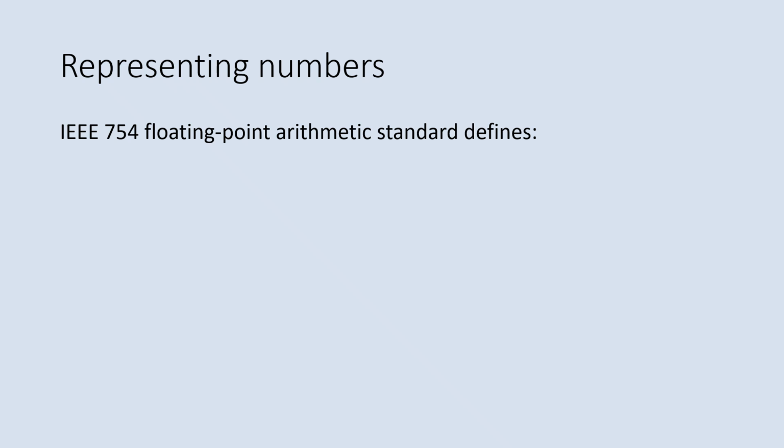So we're going to describe portions of the IEEE 754 floating point arithmetic standards. Not all of it, we're not going to go into all of the detail, but enough to get a good idea of what is happening with the computer and why things don't behave the way we might expect.